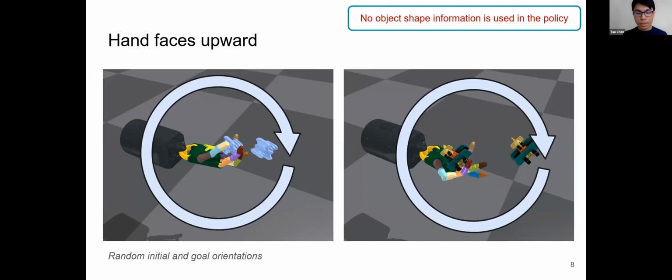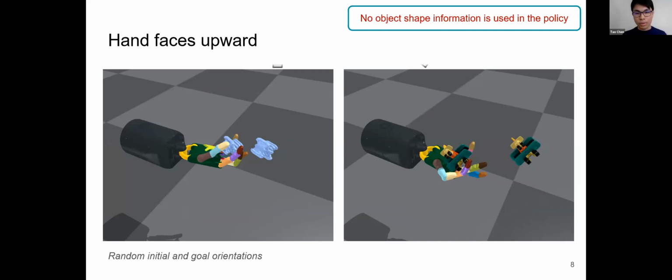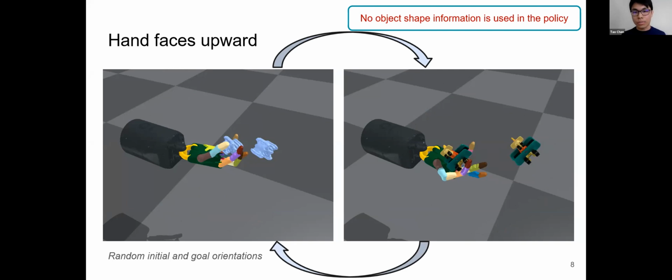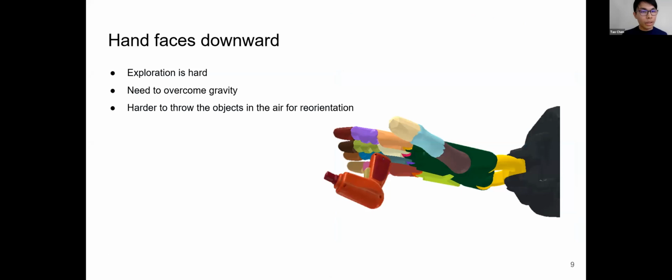Our experiments also show that we can get a high success rate by training and testing on the same dataset. Moreover, the policies also get a high success rate when transferred to the other untrained dataset. And now let's move on to the hand facing downward case.